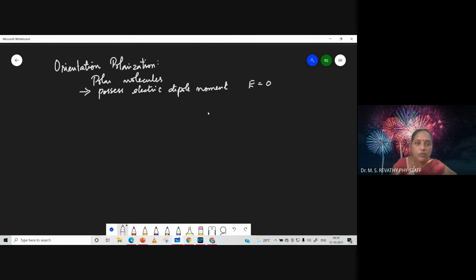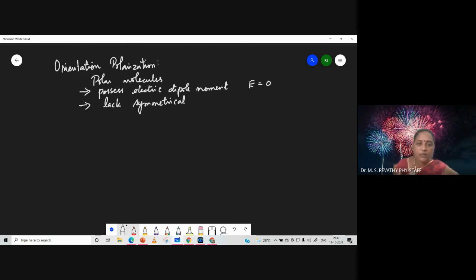In paramagnetic materials, they have random spin, that is random magnetic dipole moment in the absence of the magnetic field. Here, polar molecules possess electric dipole moment in the absence of the electric field. There magnetic field, here electric field. And also these polar molecules lack symmetry. If they are symmetrical, it is very difficult to have a dipole moment because all the positives and negatives have to be separated. What is polarization? Separation of the charges.